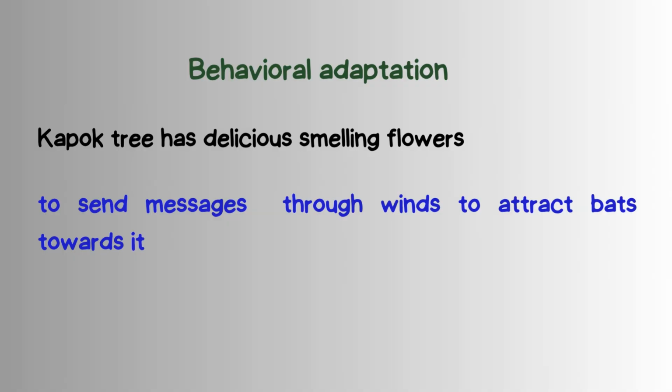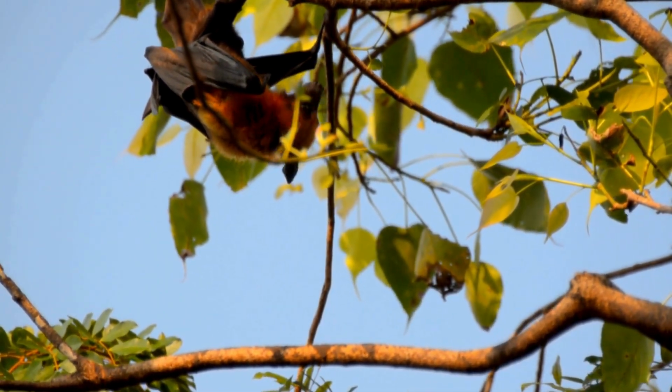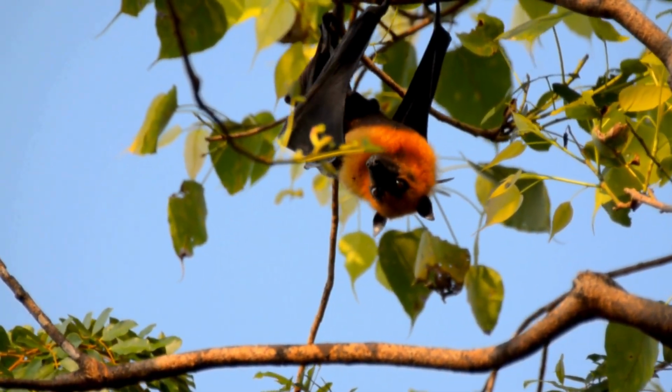so now we will go to the behavioral adaptation that the Kapok tree has: delicious smelling flowers, and these send messages through winds. So this is a very good smell, so it may attract, yes? So yes, this is to attract bats.